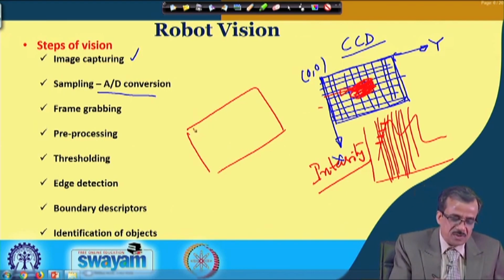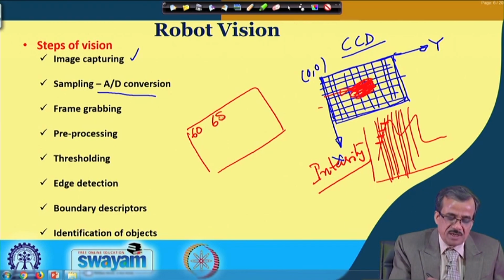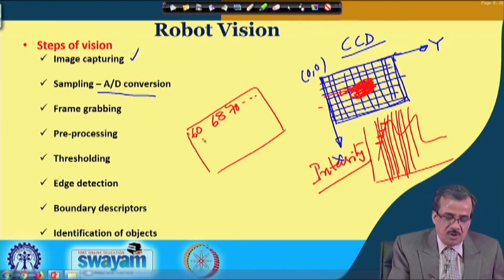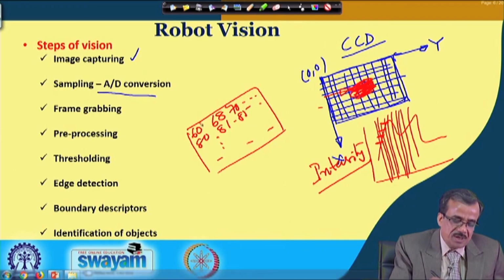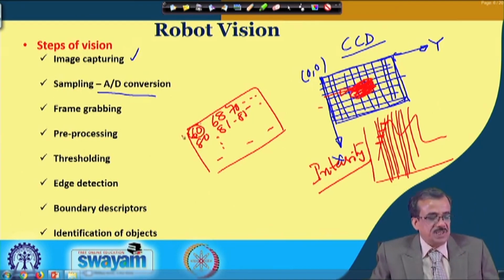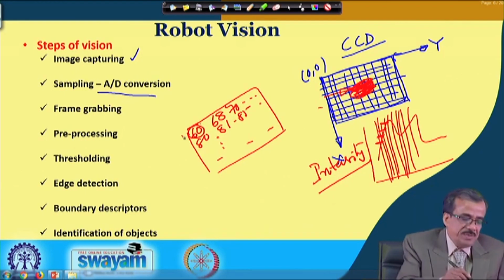Might be the values could be 60, 68, 70 and so on, 80, 81, 85 and so on. These numerical values are the light intensity values at the different pixels, and this is what we mean by frame grabbing.